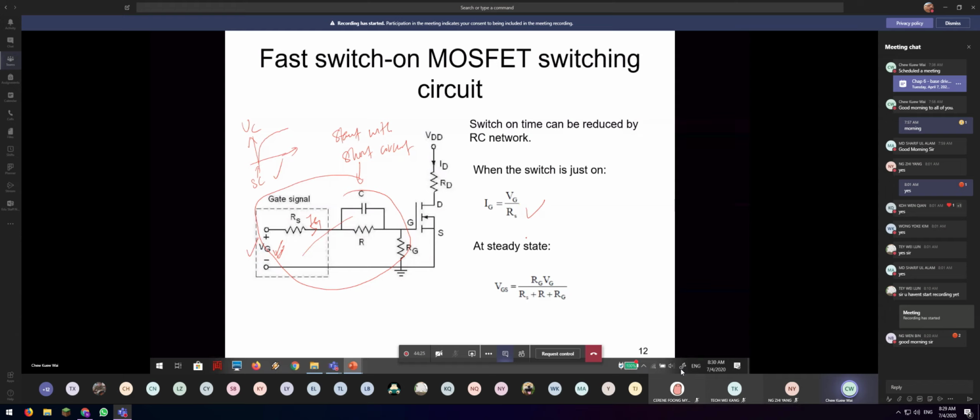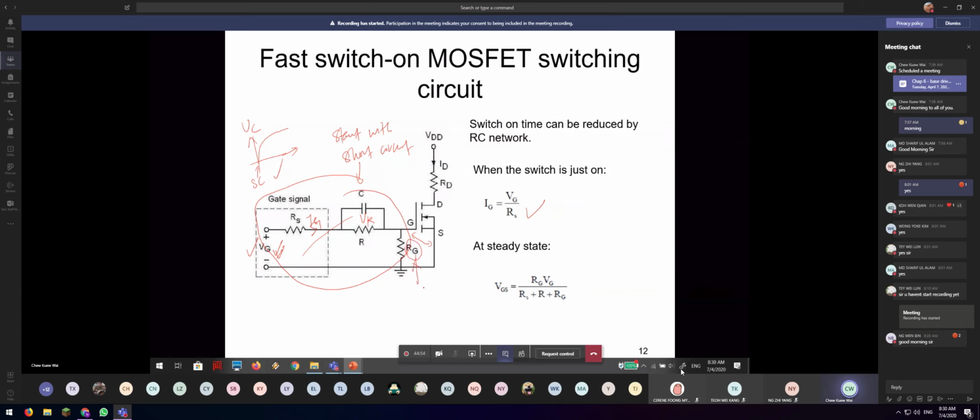But at the steady stage, when the capacitor has been charged up to maximum, the voltage across here, VGS, just follows the voltage divider rule and depends on this gate resistor.